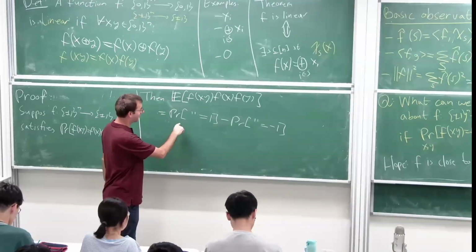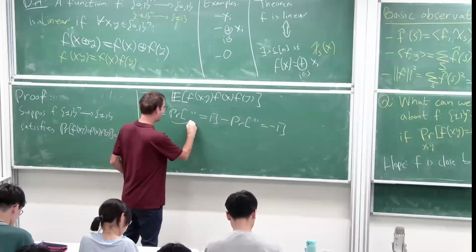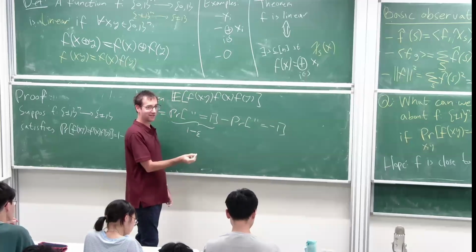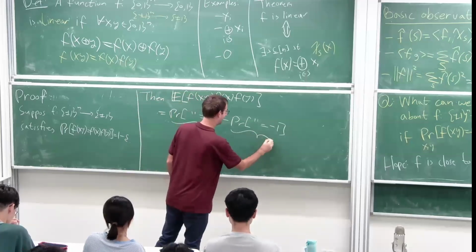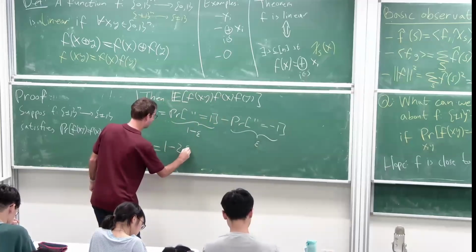Okay, so the probability that this is equal to 1 is 1 minus epsilon, and the probability that it's minus 1 is epsilon. So this is 1 minus 2 epsilon.